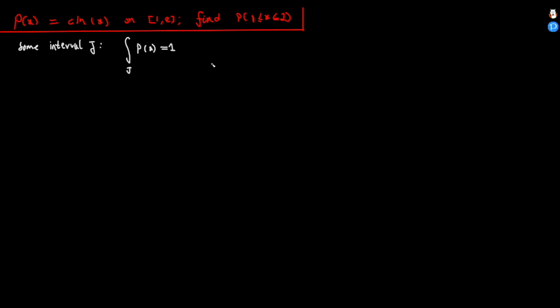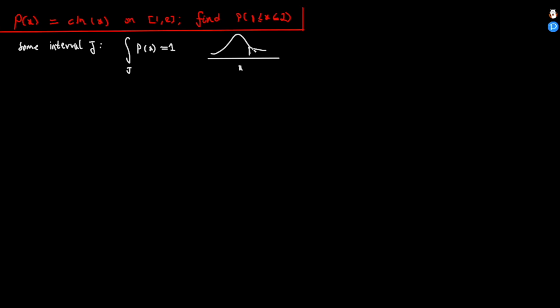So essentially, let's say we have a function like this, some probability density function. The probability of x taking some value is given by the area under this curve.